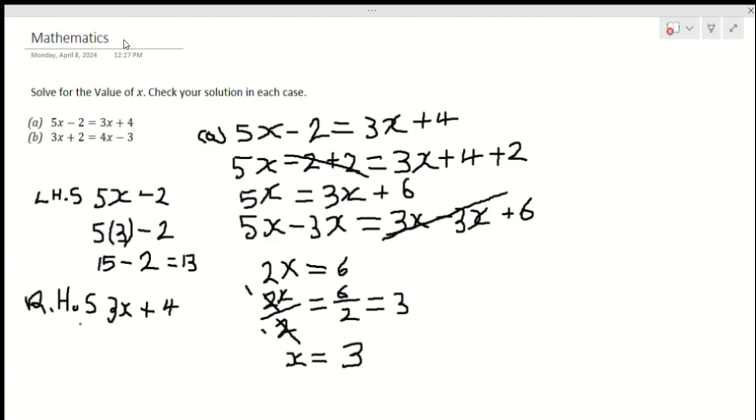Let's plug in our value. x is 3, so this would be 3 times 3 plus 4. 3 times 3 is 9, plus 4, that equals 13. So the value is indeed 3, because both sides equal 13 when x equals 3.